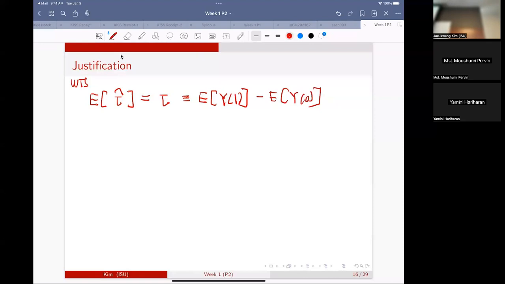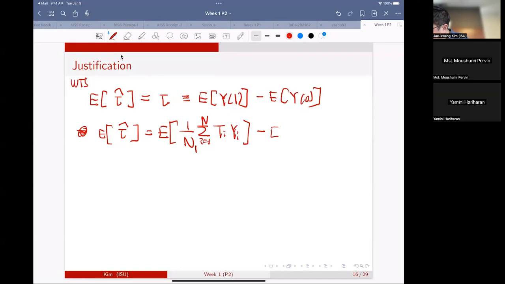Again, we should start from the complex one to the simple one, so from left to right. Let's take a more careful look at what this tau hat is: the sum of t_i y_i over the sum of t_i, minus the sum of (1 minus t_i) y_i over the sum of (1 minus t_i).